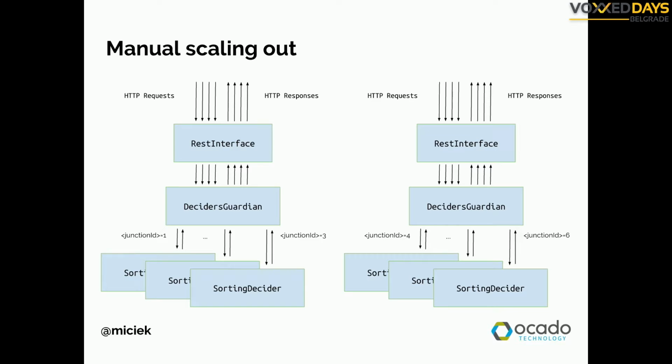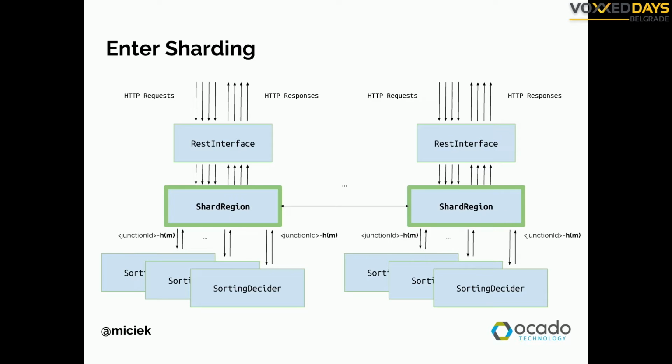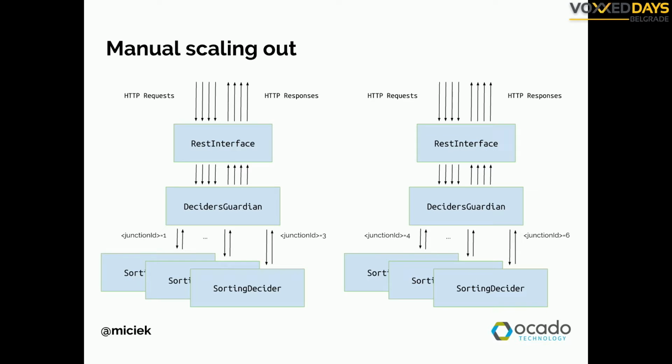In our case, for example, with the SortingDecider that decides only for a junction, 1, 2 and 3 need to be on the left node, and 4, 5 and 6 on the right node. So this is the thing that we need to implement inside our load balancer, right?